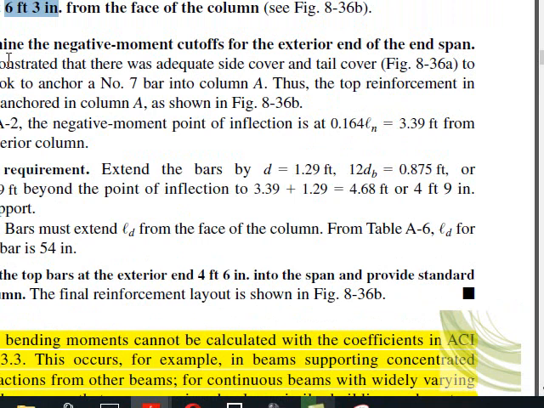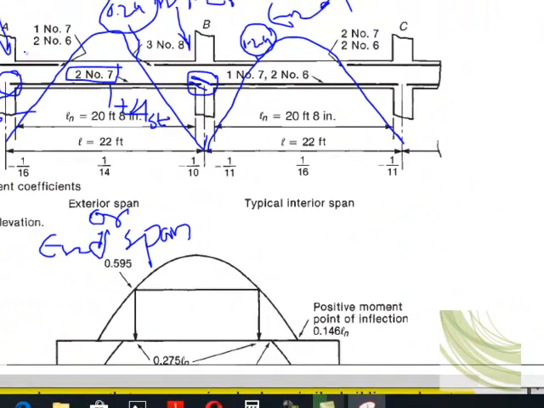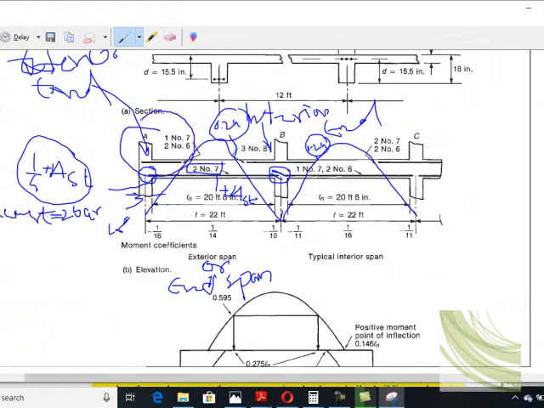Now we are determining the negative moment cutoff for the exterior end of the end span. This is the end span and this is the exterior end. We are finding the location where we need to cut.